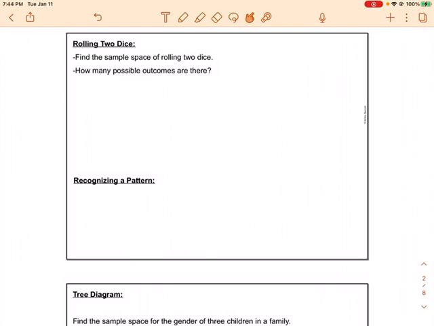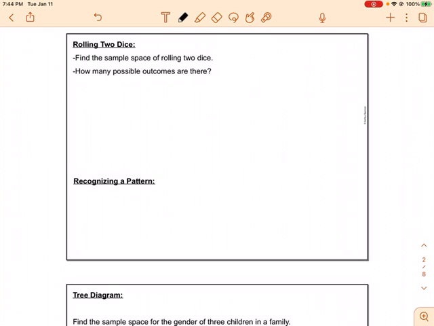Rolling 2 die, or 2 dice, what would be the possible outcomes? You think of your first die, you can have 1, 2, 3, 4, 5, 6, and on your second die 1, 2, 3, 4, 5, 6.